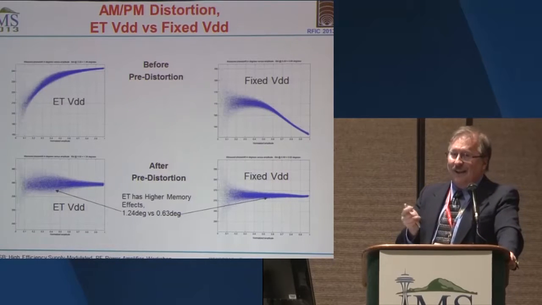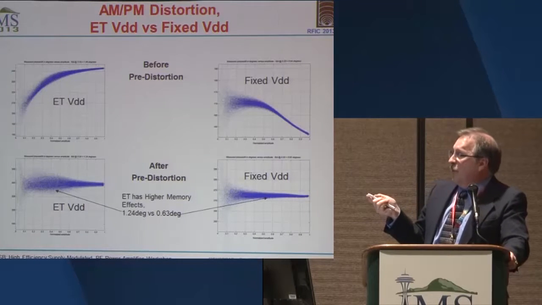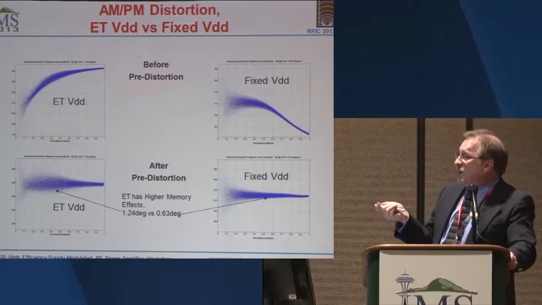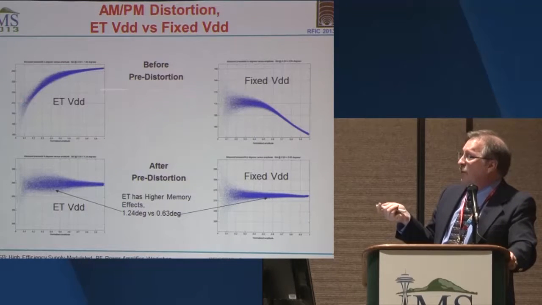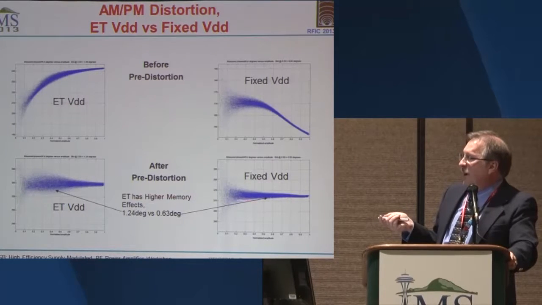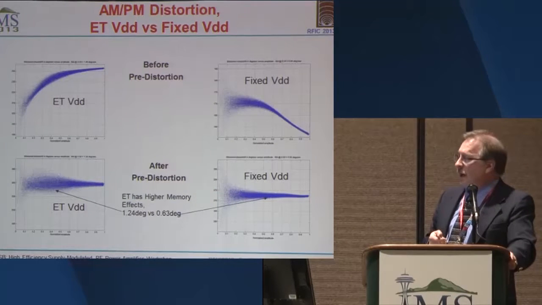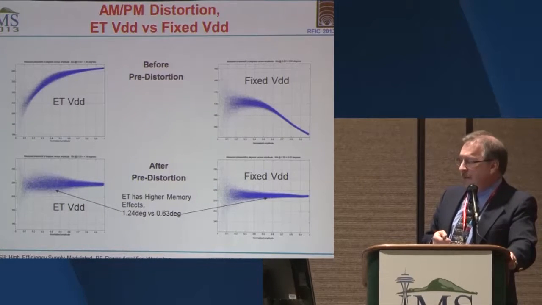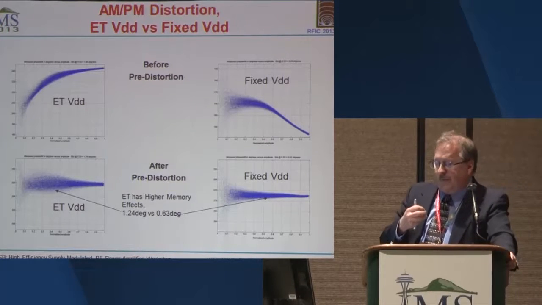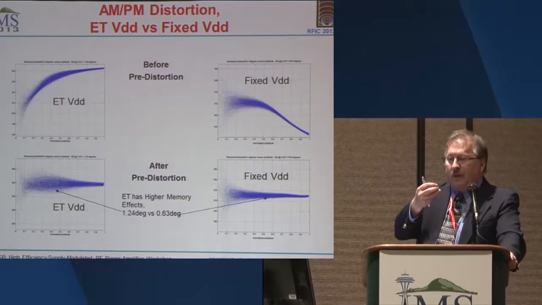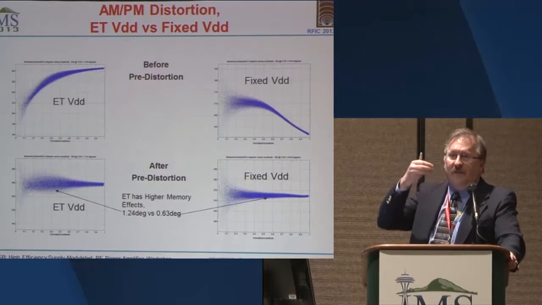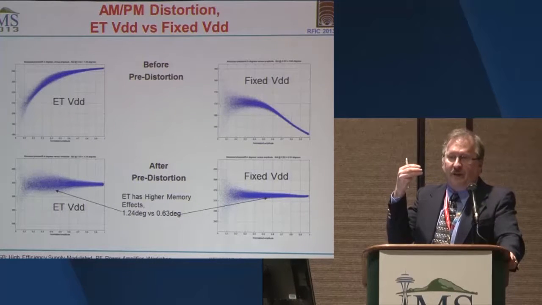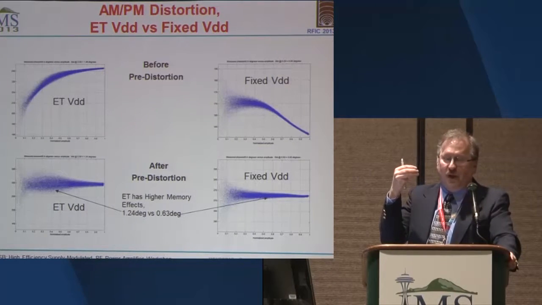Now, having said that, this is the AM to PM, and again, we can see that we start out with quite different AM to PM in the two cases, fixed VDD and envelope tracking VDD. But when we get to the memory effect remainder, you can see that the memory effect is actually a little bit larger on the envelope tracking side. Part of the reason is that it's not any better because the RF signal is really the dominant effect of the AM to PM through the chain.